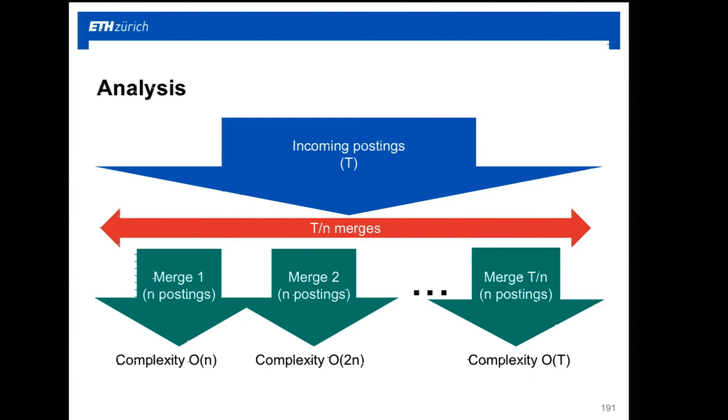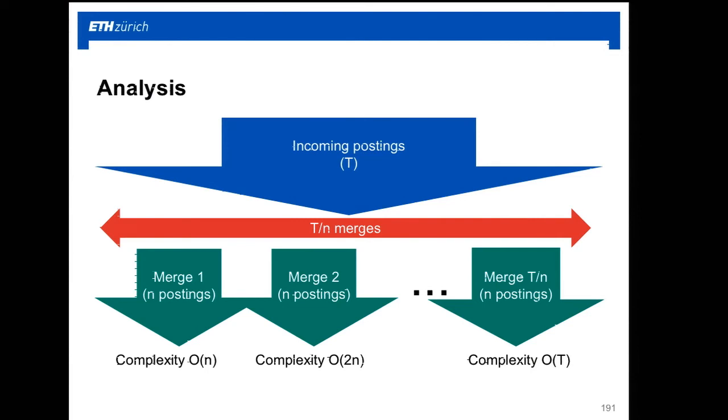Because here, the last time, you are basically merging absolutely everything, right? So here you have the whole t number of postings that get merged. And that's actually only logical. The more you have incoming postings and new documents, the bigger the index on disk is. So every merge will be a higher complexity than the former merge, right?